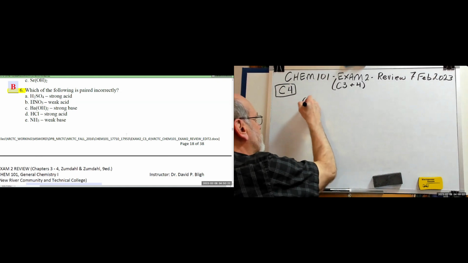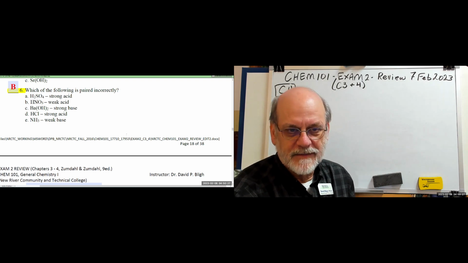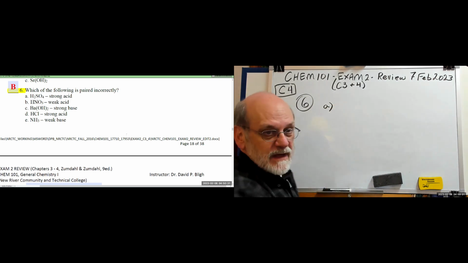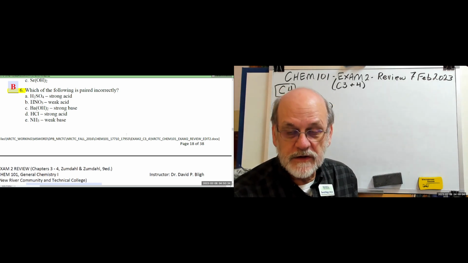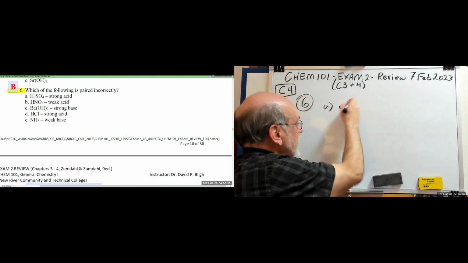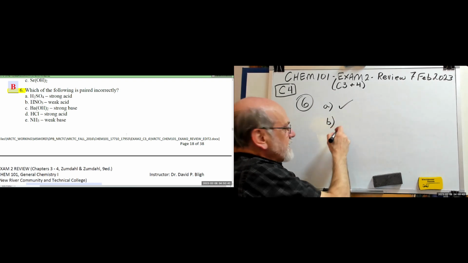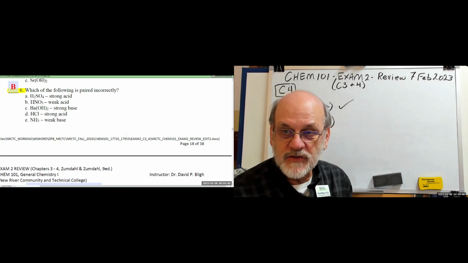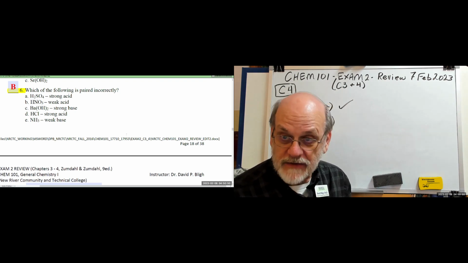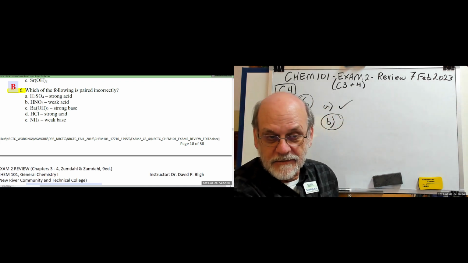Six, yes. Okay. Which of the following is paired incorrectly? Okay, so how about A? Is H2SO4 considered a strong acid? Yes, it is. So A is correct. HNO3. Is HNO3 nitric acid? Is that a weak acid or a strong acid? It's a strong acid. So this one is incorrect.